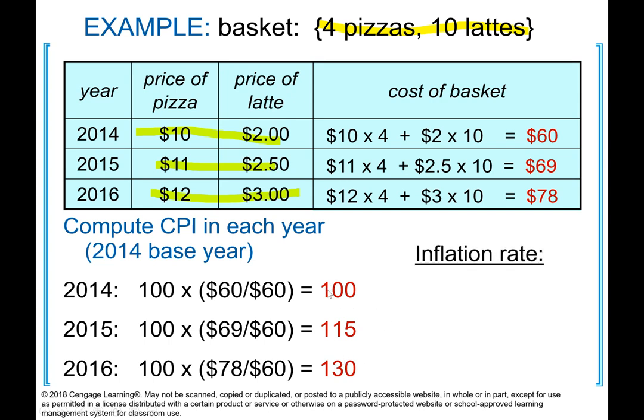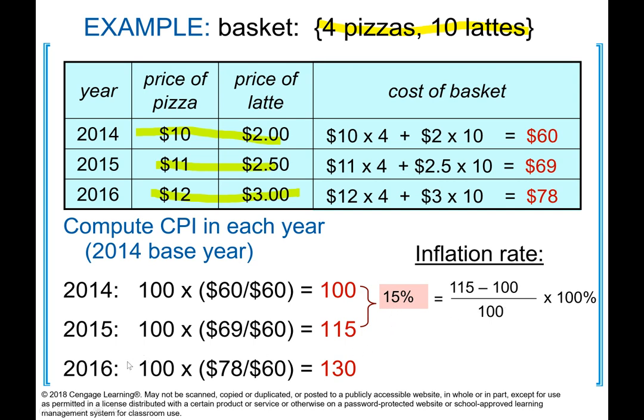What do we use CPI for? To calculate inflation rate. There we go. And basically, we calculate the percentage change. From 2014 to 2015, the inflation rate is 115 minus 100 divided by 100. And what do you get? 15%. 115, which is the current CPI, minus 100, which is the previous CPI, divide by 100, and you multiply that by 100, and you get 15%.